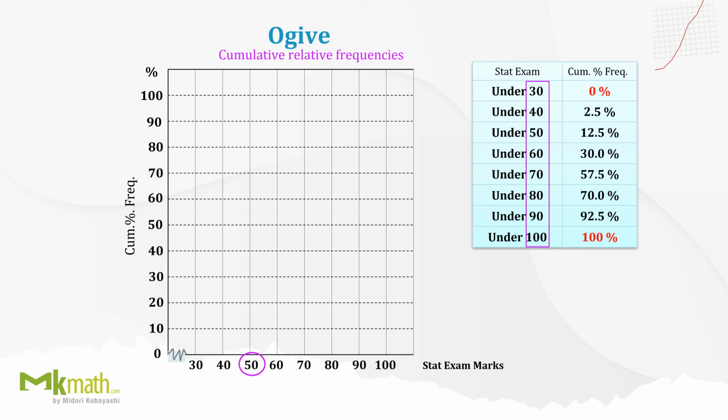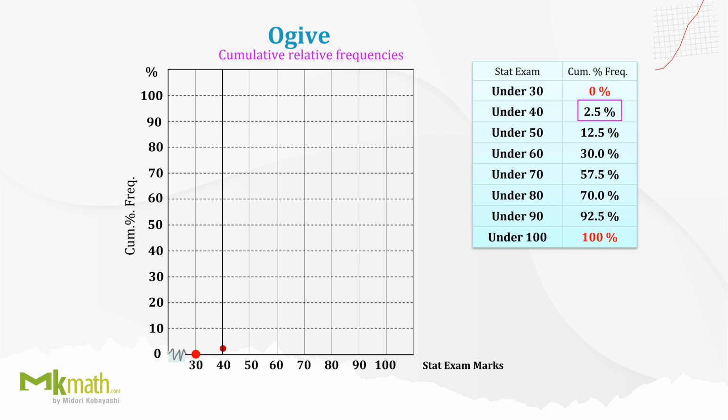First, plot 1 point, 0% on the x-axis. When no one has exam score of under 30 points, please make sure to plot the point on the 30 grid line. Secondly, plot 2.5% for less than 40 points.